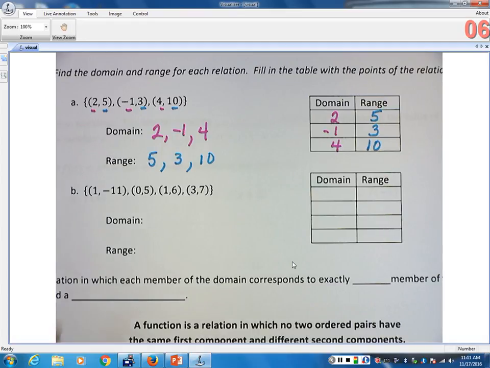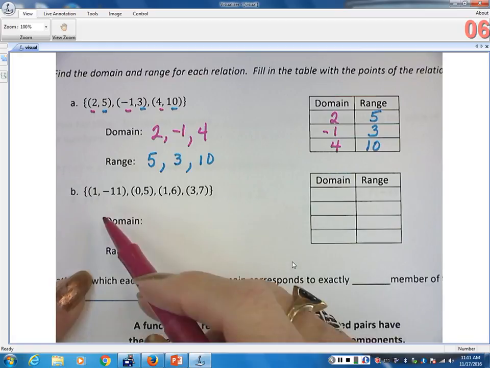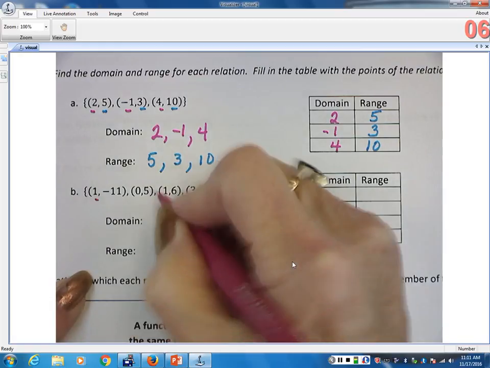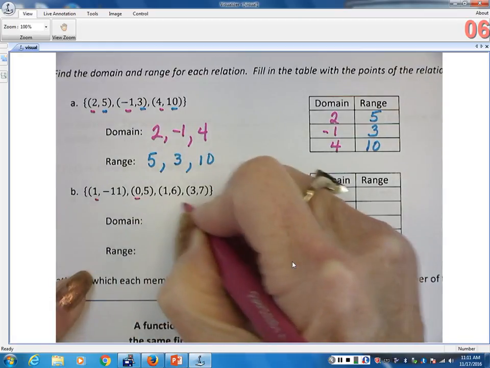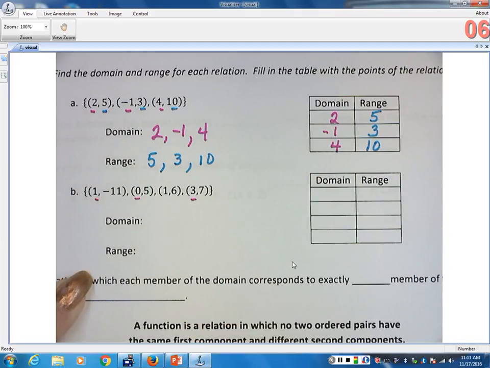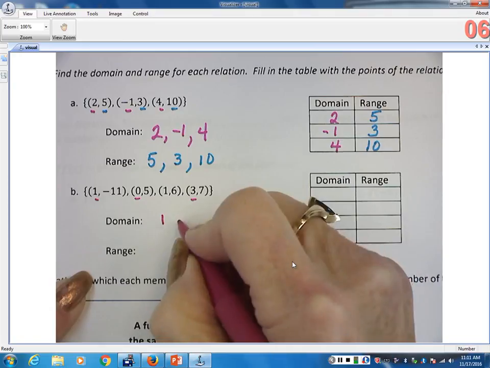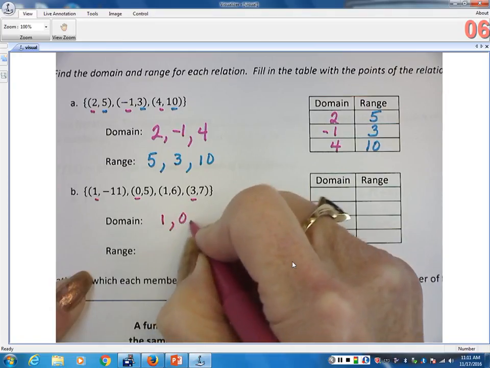What's the domain of the one in B? 1, 0, 3. Okay. 1, 0. 1's in there again, and then we've got 3. So the 1 is repeated. We're going to leave it out because it's only listed once in the domain. So 1, 0, and 3.